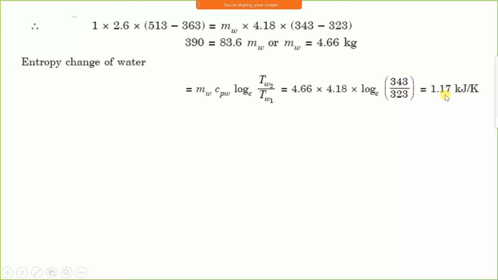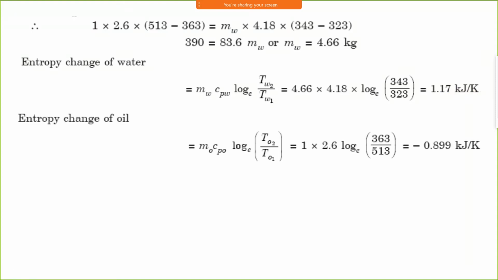It is equal to 1.17 kilojoule per Kelvin. Then the entropy change of oil, again m cp ln T2 by T1, mass of oil 1 kg, specific heat of oil 2.6 ln, final temperature of oil 363 Kelvin upon initial temperature of oil 513 Kelvin is equal to minus 0.899 kilojoule per Kelvin. Why are we getting minus? Because here the final temperature is less than the initial temperature.